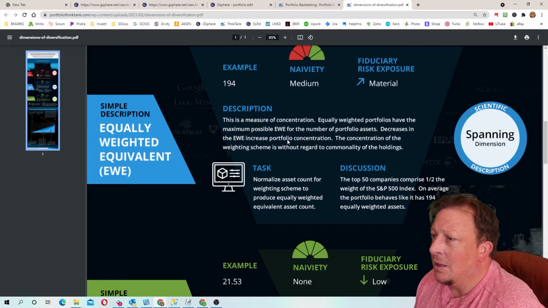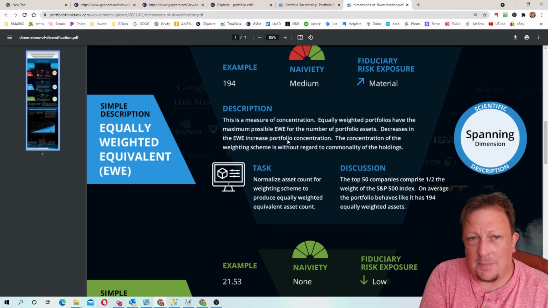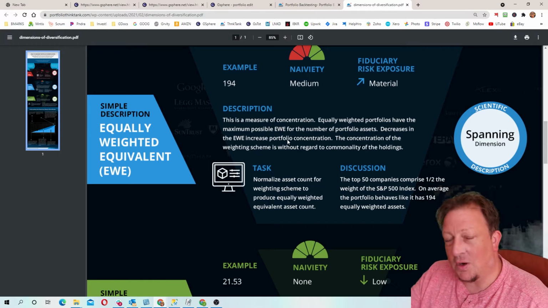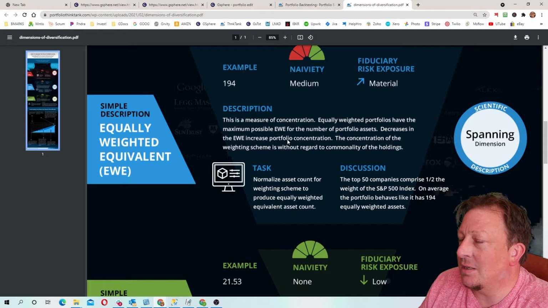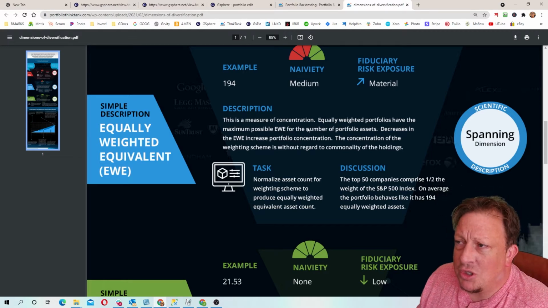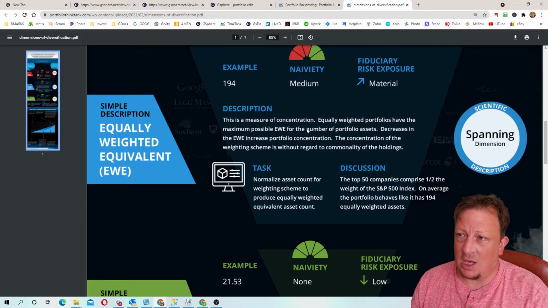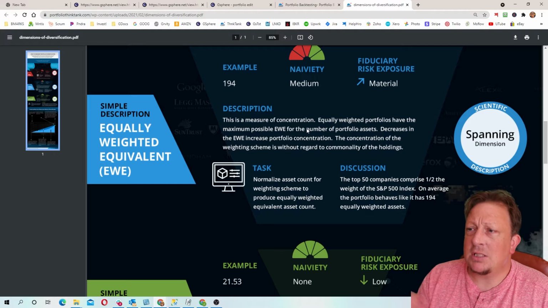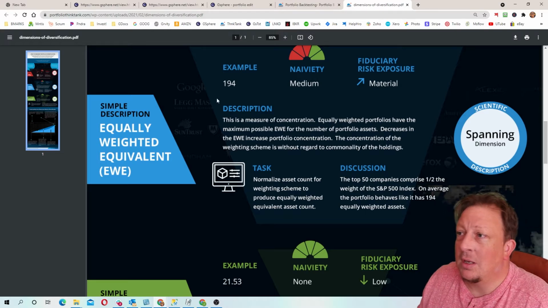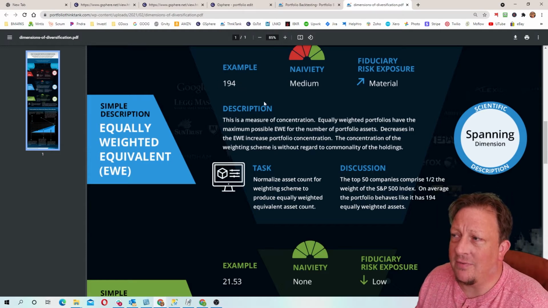And when we account for investing 8% in Apple versus 0.1% in the 499th biggest investment, that normalization now measures the portfolio in a little bit more precise way of measuring diversification. It could also be called an equally weighted equivalent, and it's also the spanning dimension. Our 500 has now dropped down to 194.